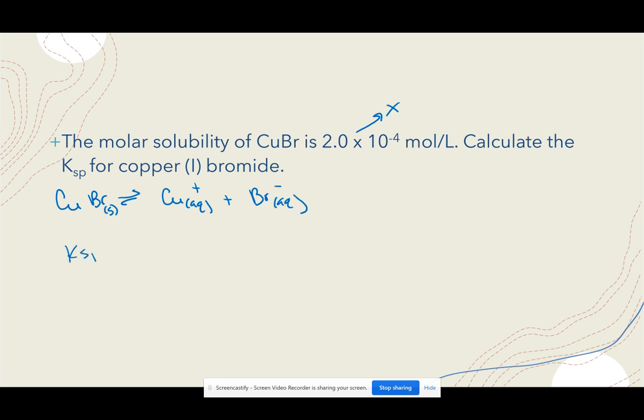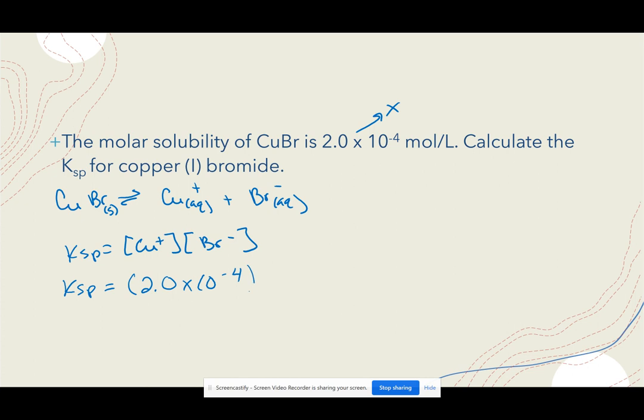So my Ksp is going to be concentration of copper times the concentration of bromide. And again, that's what I was given by being given the molar solubility. So Ksp is going to be, they're both X, right? Because they're both a coefficient of 1.